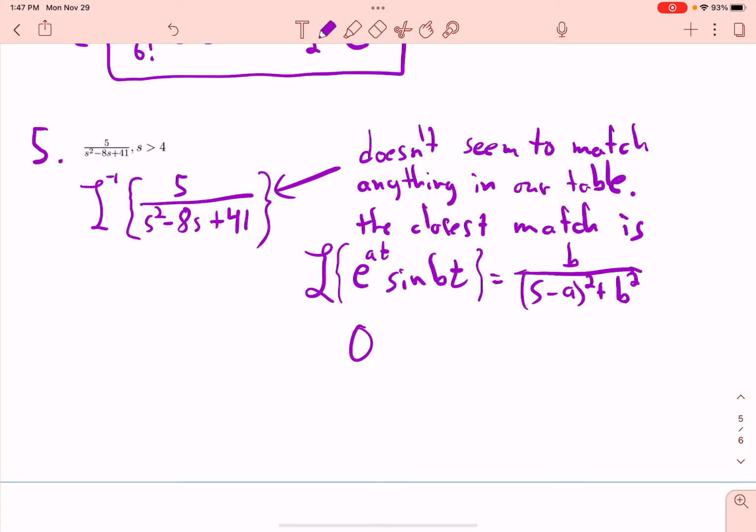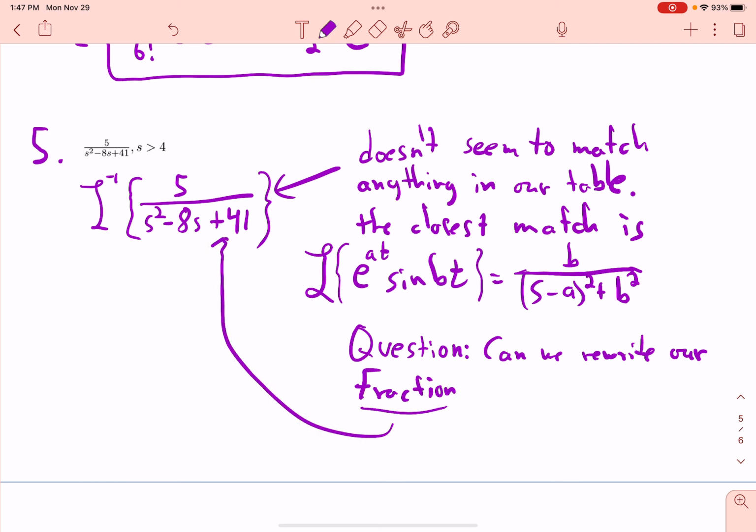Question. Can we rewrite our fraction to look like this? So we are not actually going to solve this problem now. We're just going to wrap up and say this is one that we're stuck on. But can we rewrite our fraction, and by our fraction I mean this thing, in this form?